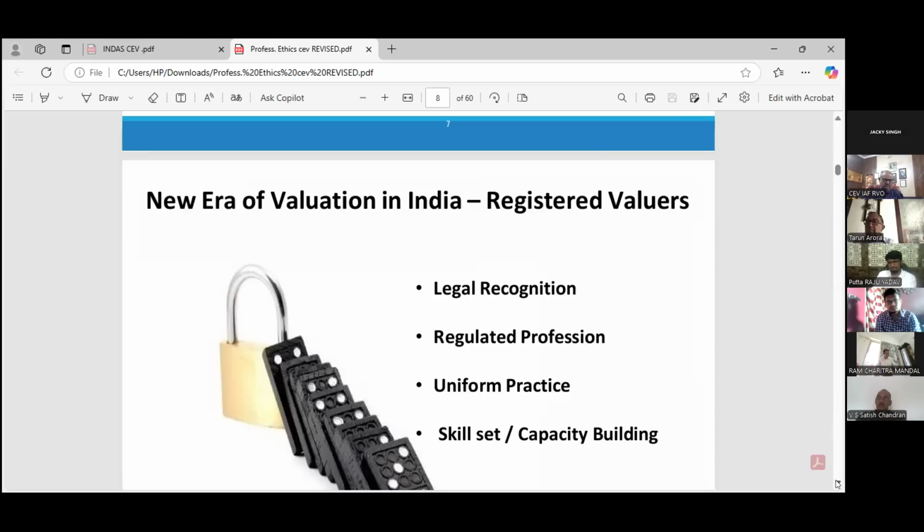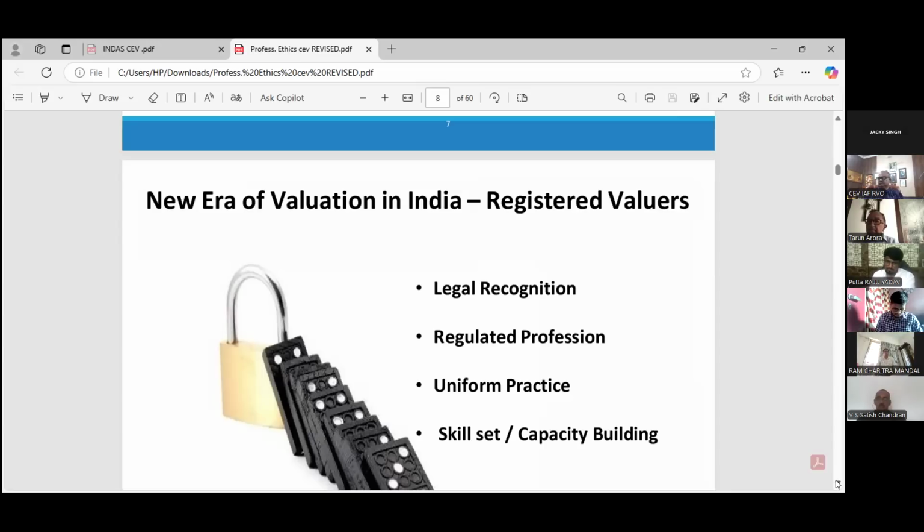Nowadays it is totally legal recognition by the IBBI. At that time it was not a regulated profession. Now it is totally regulated, by whom? By the RVOs. Earlier we did not have that much scope, but after the Companies Act, we are getting a lot of scope in the practice of valuation.